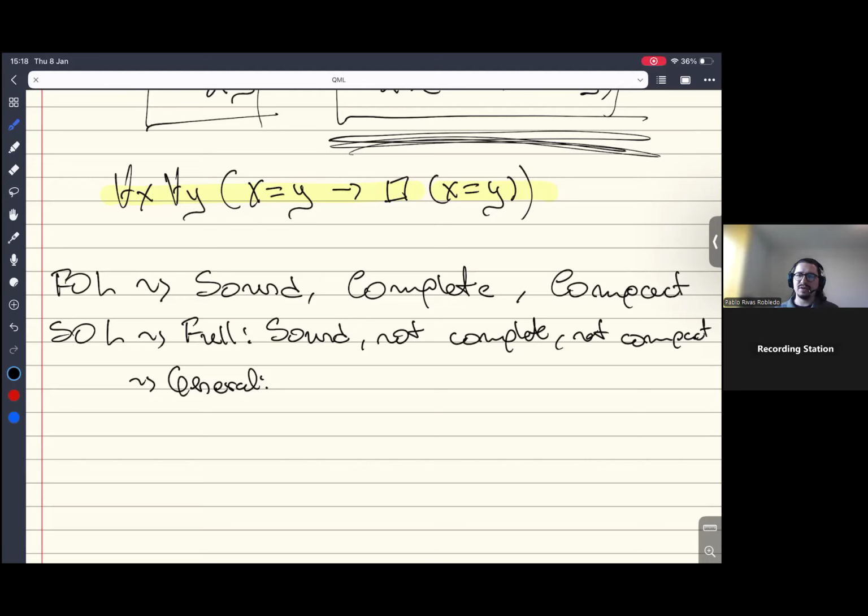An example of this: if you take only monadic second order logic, it is sound, complete, and compact. It depends a lot on how you do it, but in general it's going to be sound, going to be complete, and in some cases also compact.